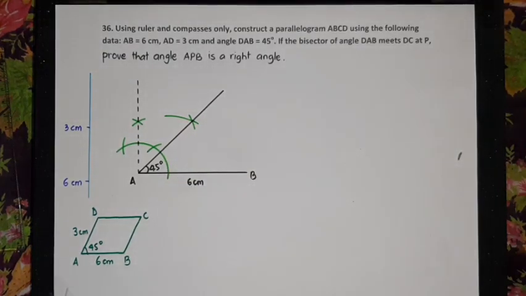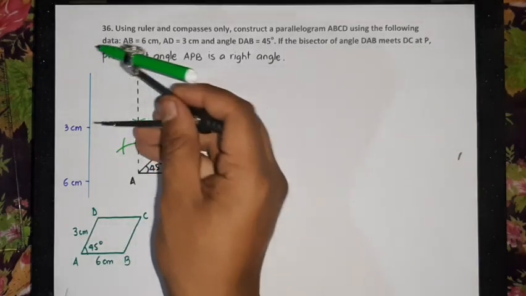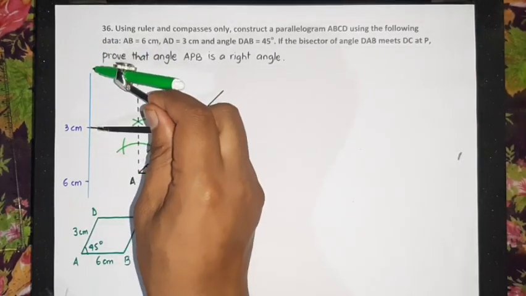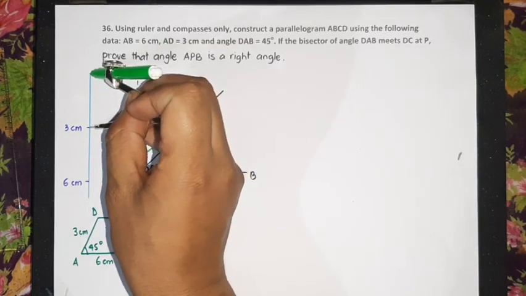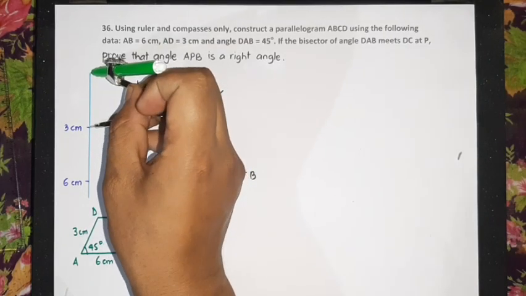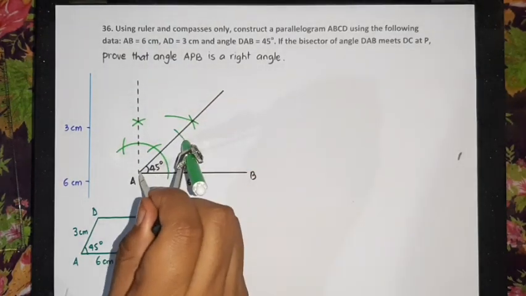Now here I need to take 3 cm, right? So let me take a 3 cm radius. So I have taken a 3 cm radius with me. Now let me cut this extended line from A at this point.